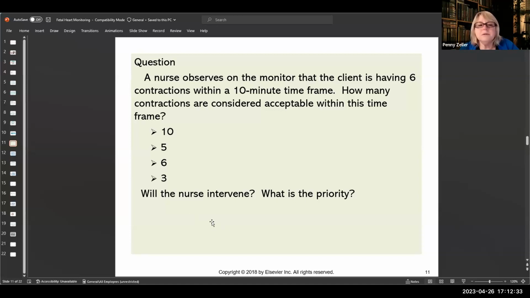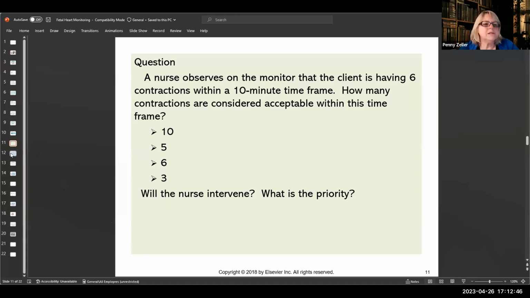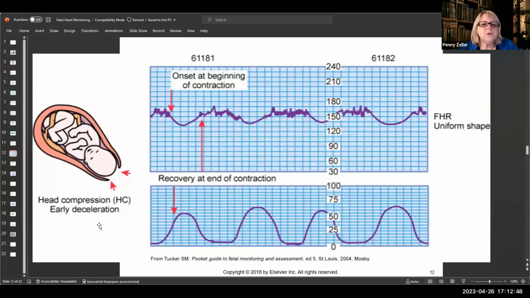If you had a client having 6 contractions every 10 minutes, what would you do? Stop the oxytocin for a few minutes and then restart at a lower dose or lower rate. Yes, stop that oxytocin.